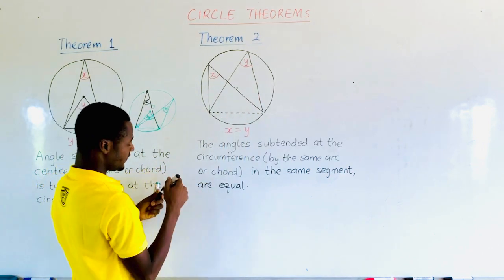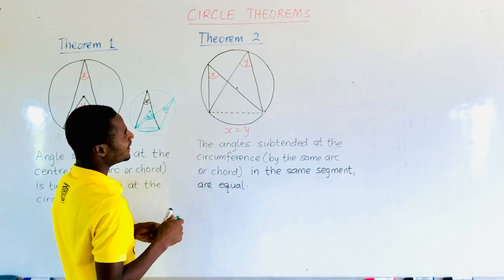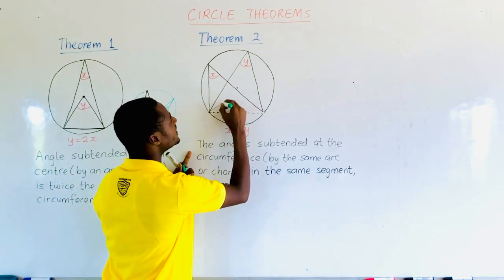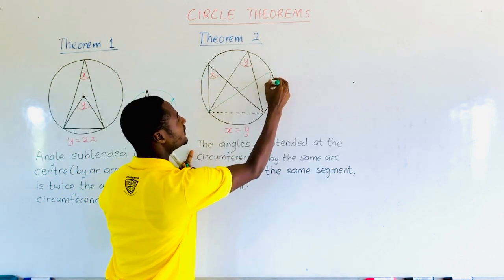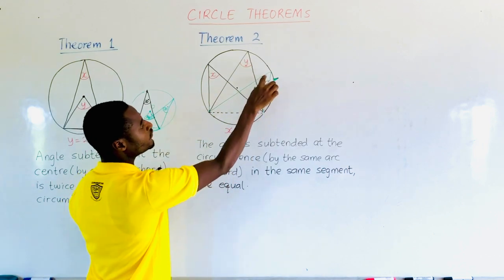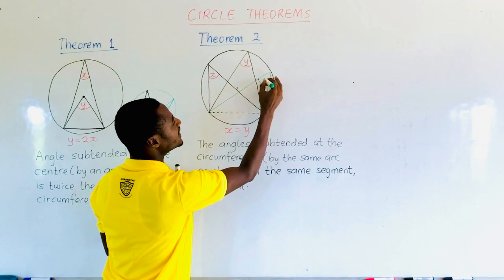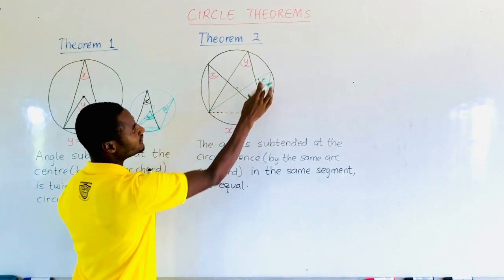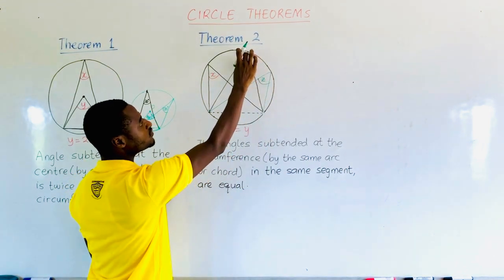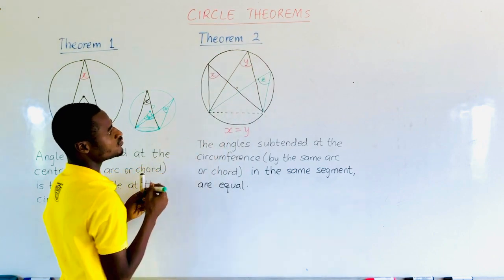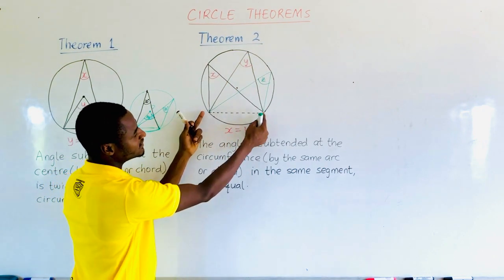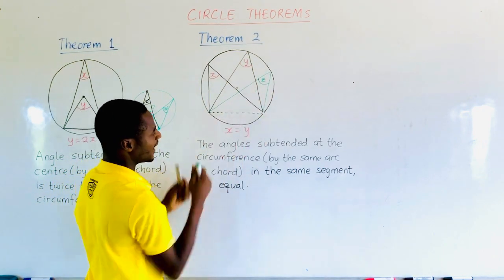And so if I extend another angle from the same chord onto the circumference of the circle in the same segment and label that angle Z, then this angle is equal to this and also equal to that, provided it is subtended by the same arc.